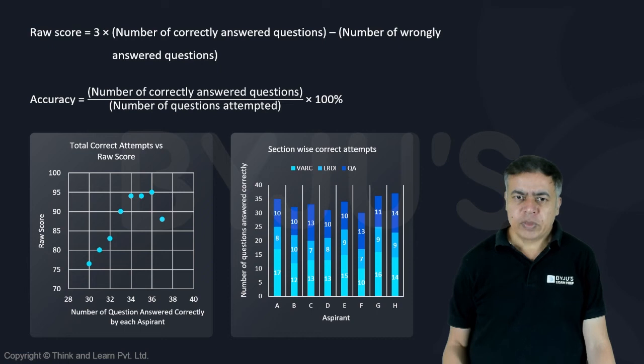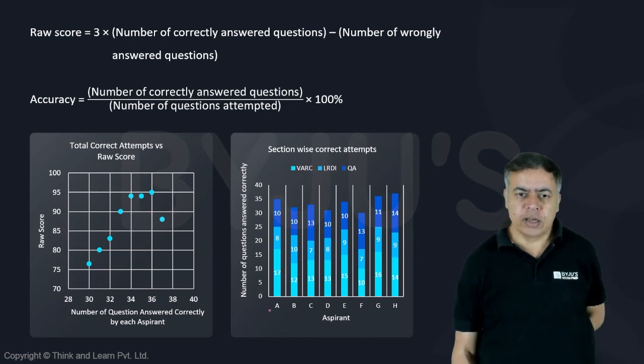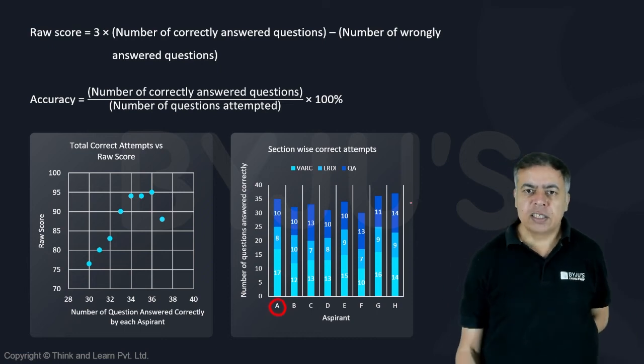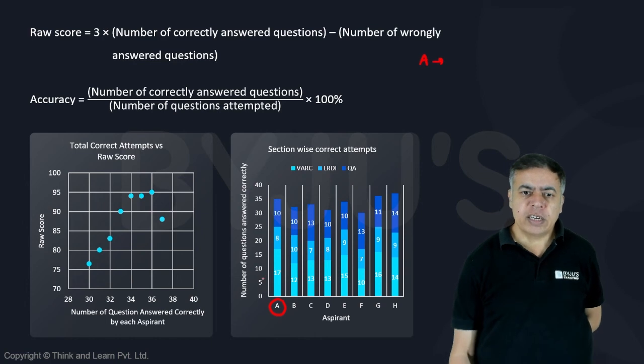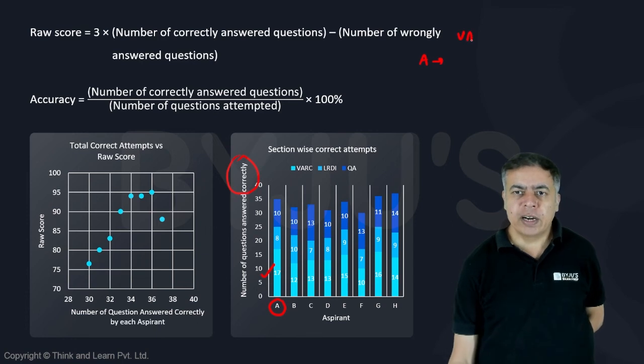Then we have these 2 graphs, right? From the second graph, let's talk about candidate A. These are the answers answered correctly. Correct answers in verbal is 17, right? His correct answers in LR is 8, and then 10 in quant.